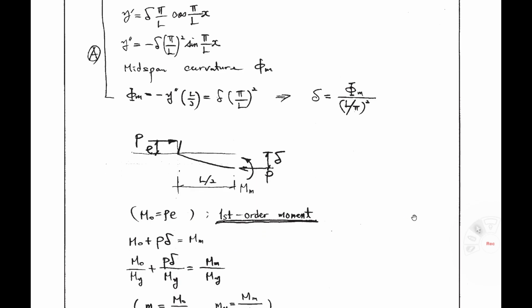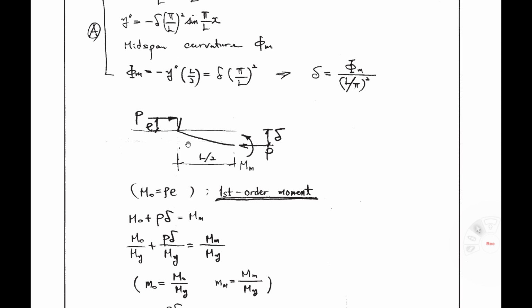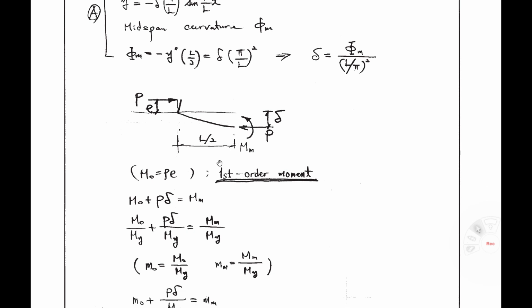And then let's look at the first order moment equal to Pe, right? That is the first order moment, P times e. So it is called M0 equals Pe. M0 means first order moment. M sub m means moment at midspan, L over 2 here. Moment at midspan. Please don't confuse moment and midspan. So this moment at midspan, Mm, equals M0 plus P times delta, right?